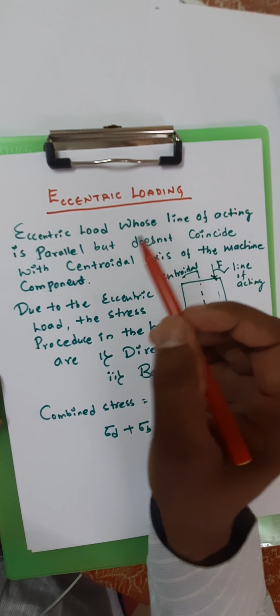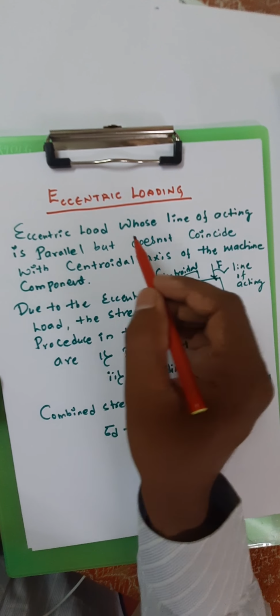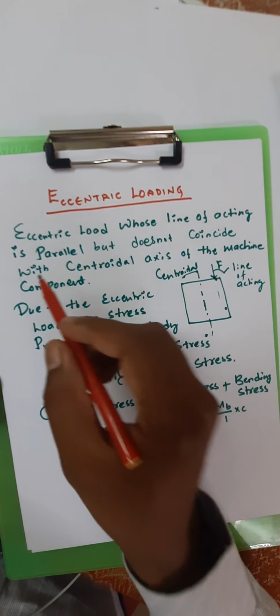Eccentric loading: the eccentric load whose line of action is parallel but does not coincide with the centroidal axis of the machine component. For example, this is the machine component, this is the centroidal axis, and this is where the load is acting on this machine component.